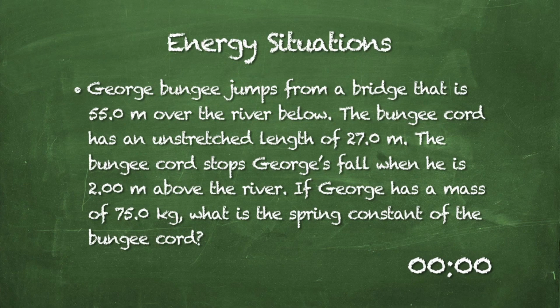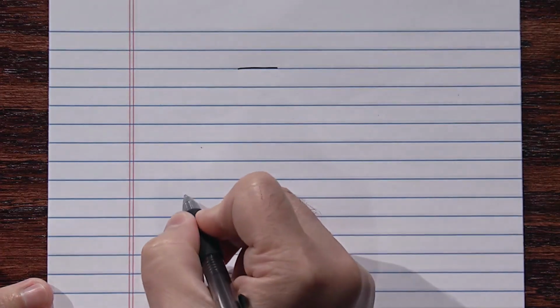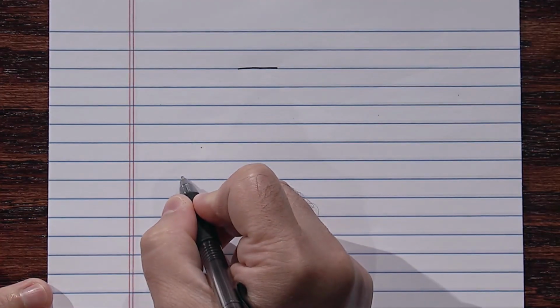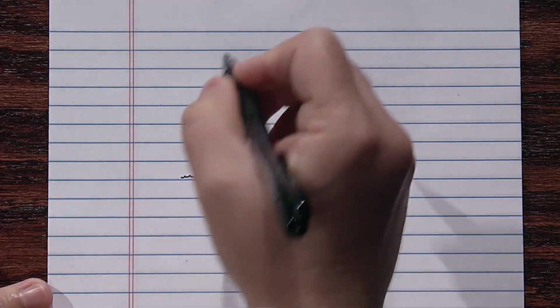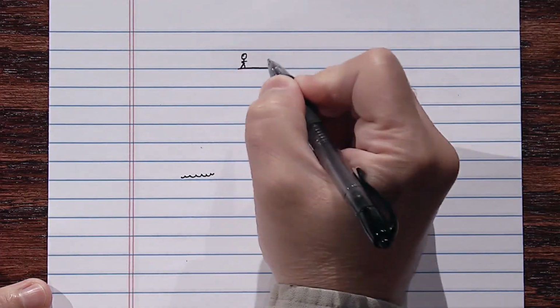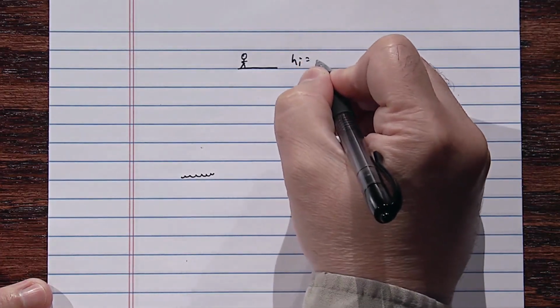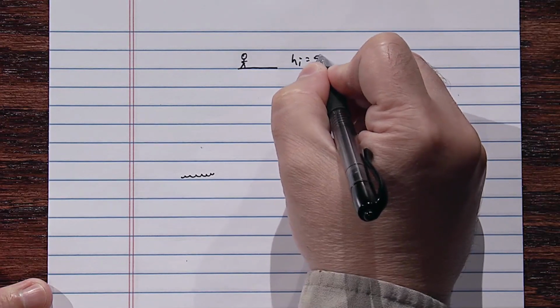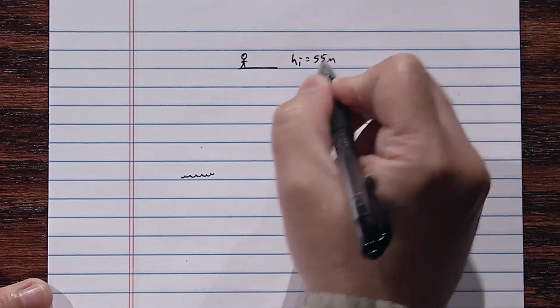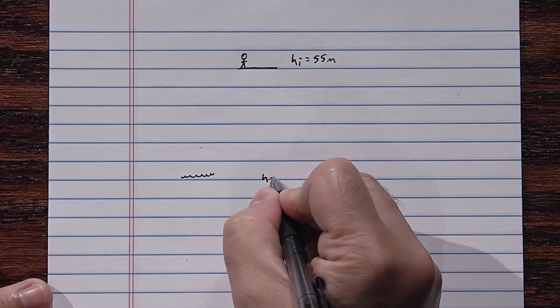Okay, let's draw our situation. Here's our bridge, and here's the water. And we have George up here on the bridge. His height initial is 55 meters, if we call the water height 0.